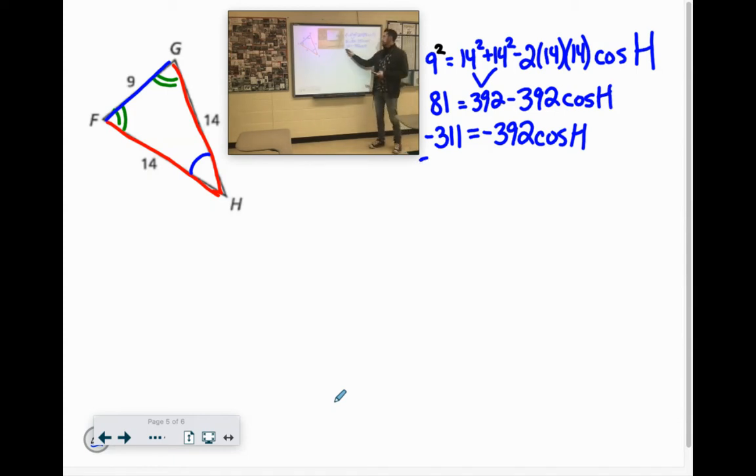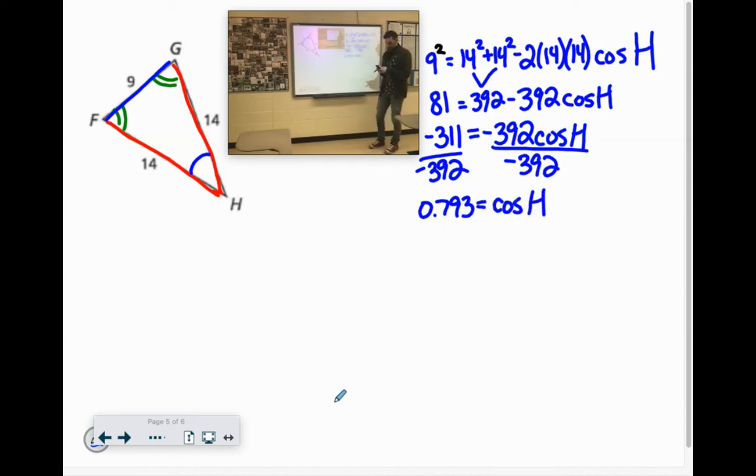So if we divide by negative 392, divided by negative 392, we get 0.793 equals cosine of H. If we do the inverse cosine of that, we get 37.5 degrees-ish.